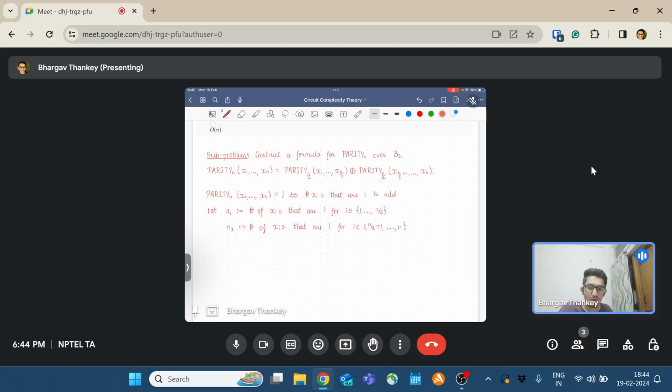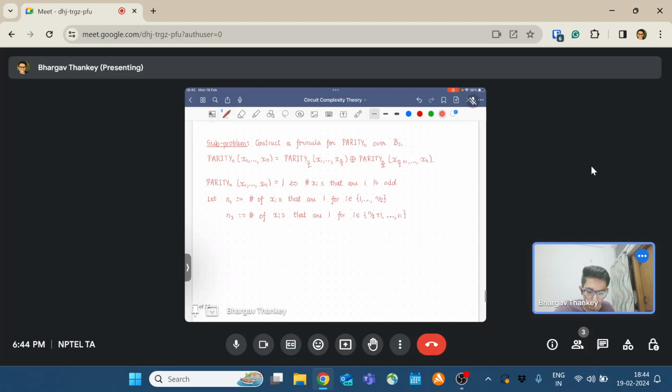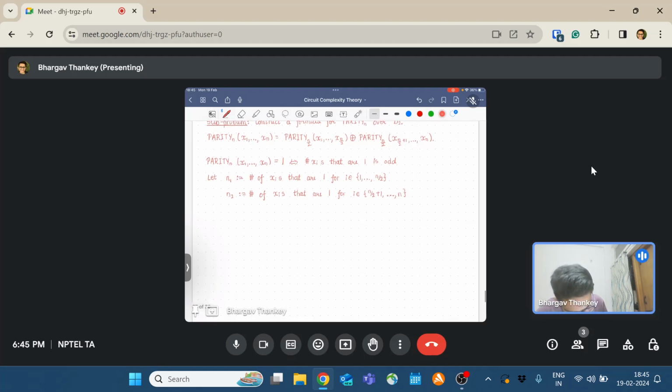Okay, so we want to find out whether the number of xi's that are 1 is odd or not. And what I'm doing is looking at the number of xi's in the first half of the string and the number of xi's in the second half of the string, right? Now, so I can say this, right?